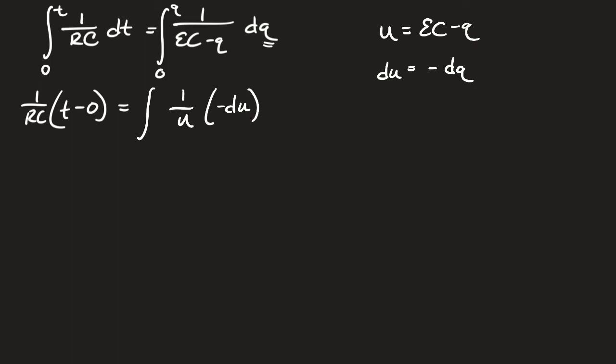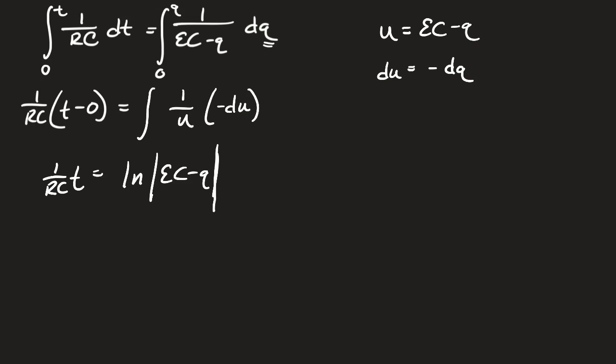So let's go ahead a little bit into the future. So 1 over RC times t equals, and here we go, the natural log of, and I should put u here, but I'm just going to be forthright with you and say u is equal to EC minus Q. But then I do have to put in my limits of integration.